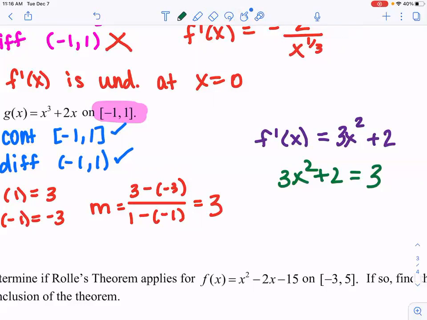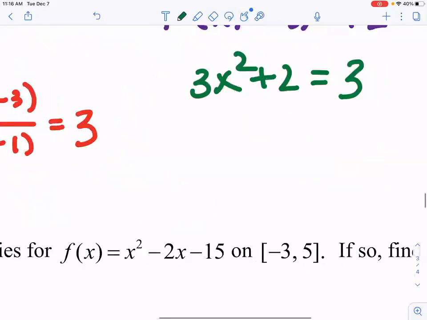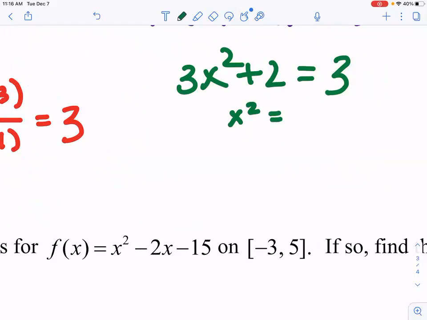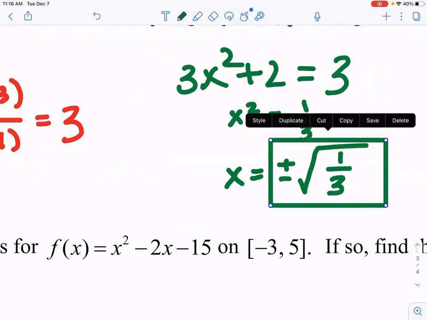Algebra, just cute algebra. So x squared equals 1/3. So x is plus or minus the square root of 1/3. Are both of those numbers in our interval? Okay. Then here are the c values in which our derivative, our instantaneous rate of change, would be 3, which is our average rate of change on our interval.